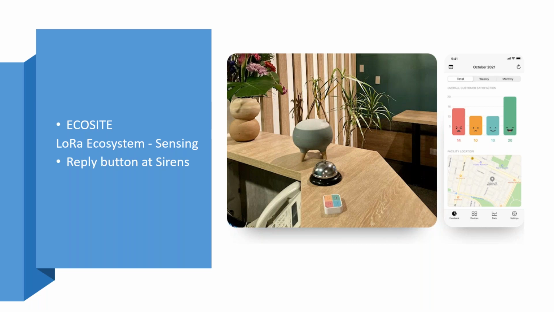This is a very basic, very cheap solution, but you can save lives doing this. And the people in charge of giving help in the city will know, okay, I don't need to send any rescue team there, because everybody is safe. Everybody answered with the button.